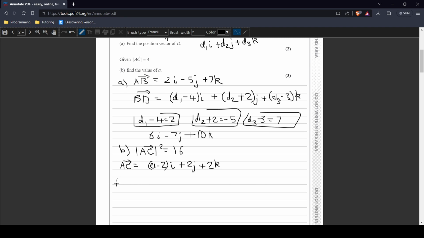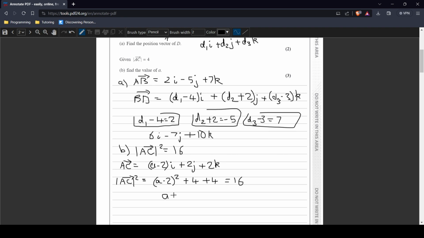Okay, now the length of AC squared, so the square of the modulus of the vector, in terms of A, is then just the sum of the square of its components, so A minus 2 squared plus the 2 squared, which is 4, and then plus another 4. And this is equal to 16.